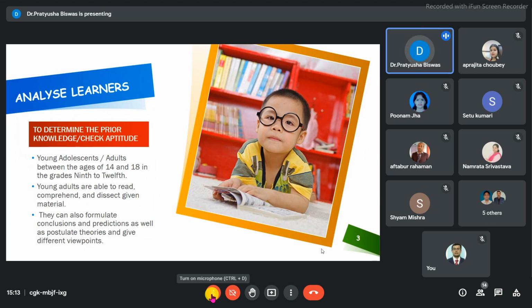So the child develops a lot of sense, and he doesn't mind writing in his own language. So this is the age which must be exploited more in the ASSURE model.